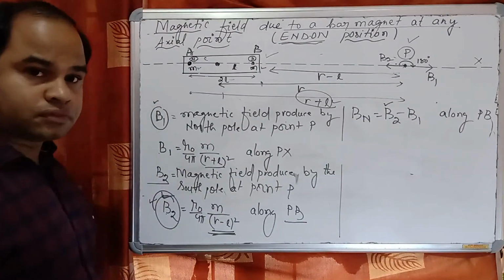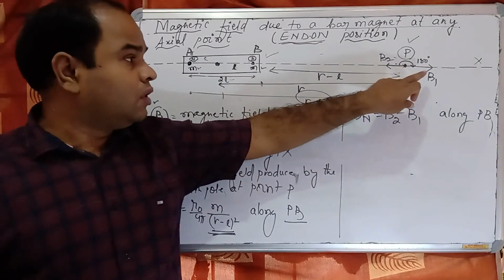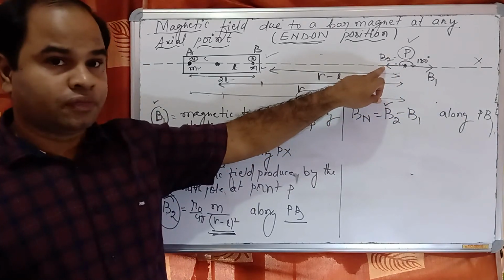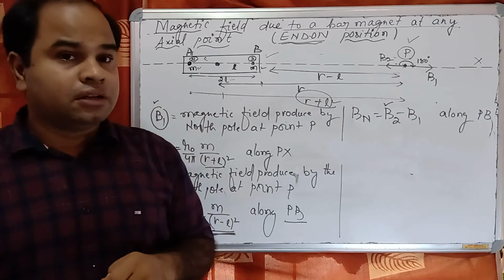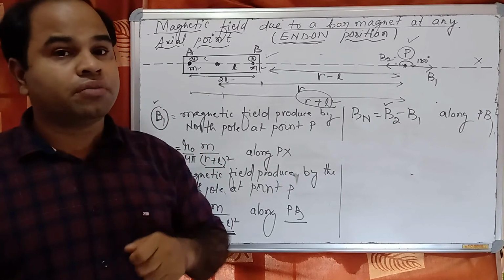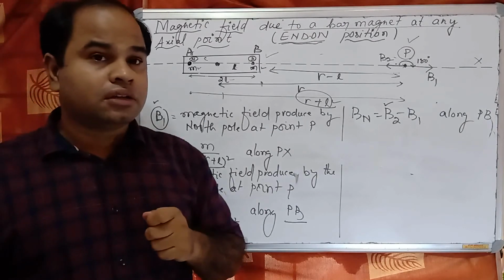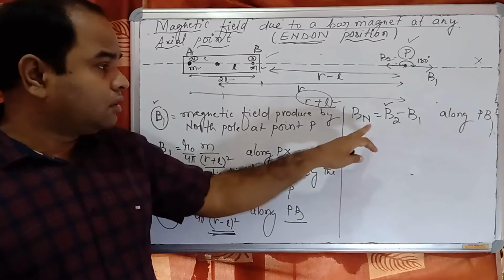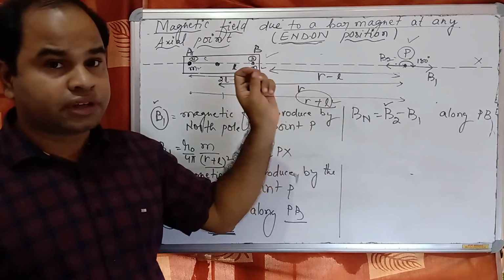At point P, B1 acts in this direction and B2 in this direction, and these two vectors are anti-parallel. If they are anti-parallel, we have to subtract them. When you subtract the two vectors, the magnitude is the bigger vector minus the smaller vector.